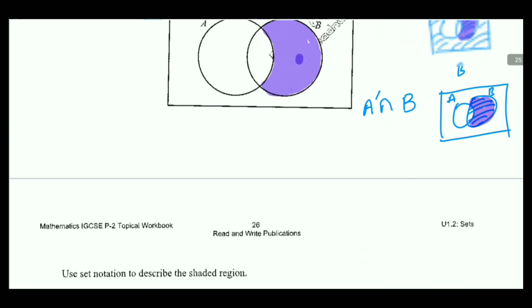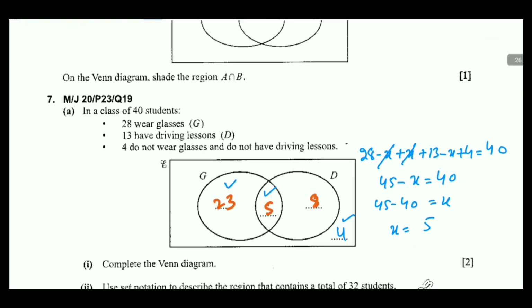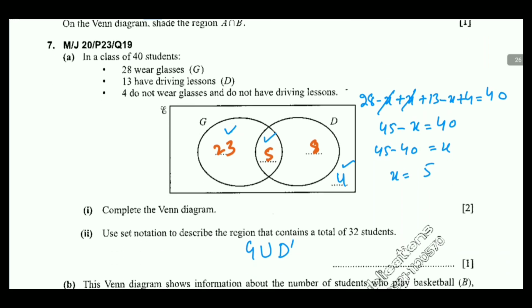So as we have done question number 5, you can make figures of both, G and D complement, and you can check whether the required part is the intersection part or the union part. So you will write accordingly.